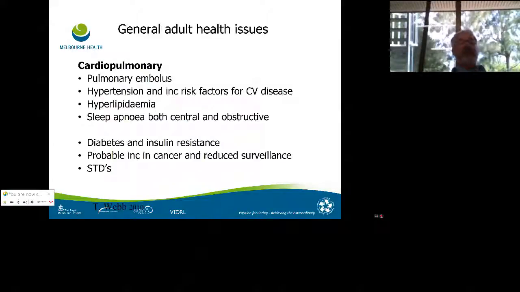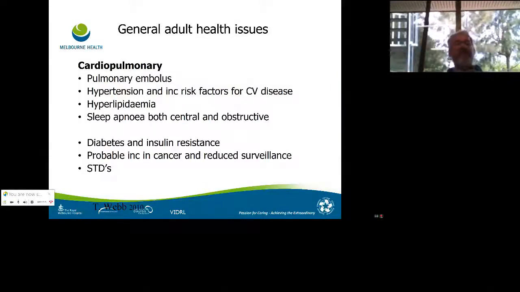Pulmonary embolus is increased in this group, although not to a dramatic extent. Hypertension and risk factors for cardiovascular disease are very much increased, and so as this group ages, they're going to get cardiac disease and tend to get it at an earlier stage than the normal population.